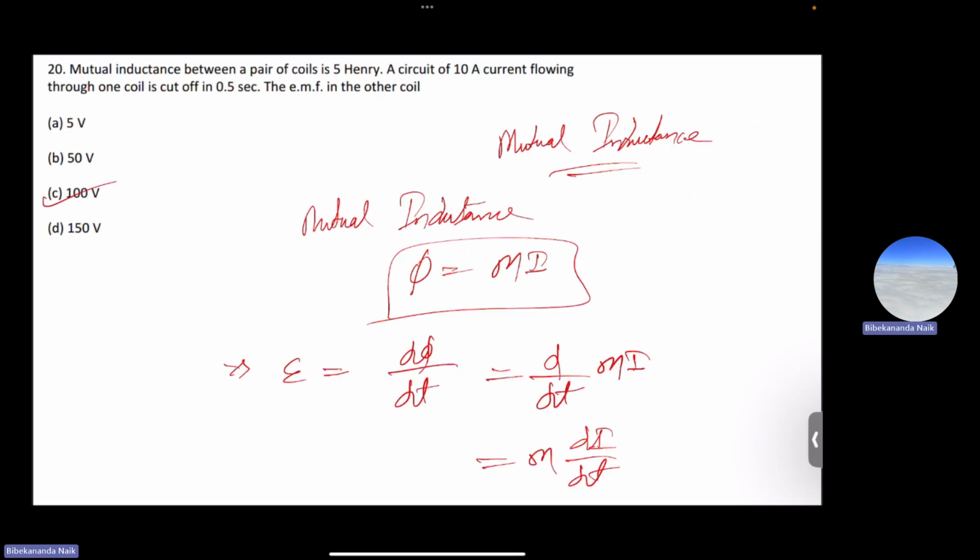So the correct option is option C, 100 volt. When the current flowing through one coil is cut off, it changes from 10 ampere to 0, so I2 is 0. So this is I1 10 and 0.5 second is the time period. So the calculated EMF is 100 volt.